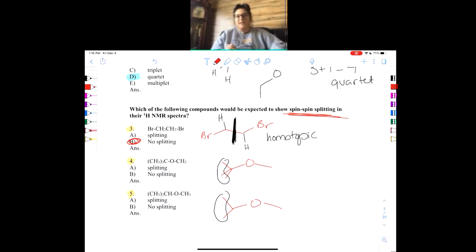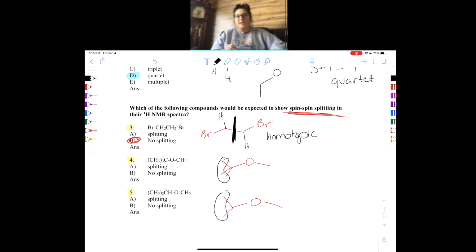Awesome. All right, so in this next question, number 4, all 9 of these hydrogens are exactly the same. And the next hydrogen is all the way over here. So how many bond lengths do you have to be within in order to be counted as a neighbor? 3, exactly.